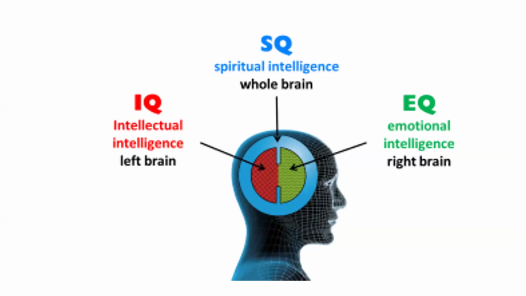And nowadays we also talk about SQ, that is social intelligence. Intellectual intelligence, emotional intelligence, and social intelligence. We should have social intelligence and emotional intelligence. That's what we talk about in 21st century skills.